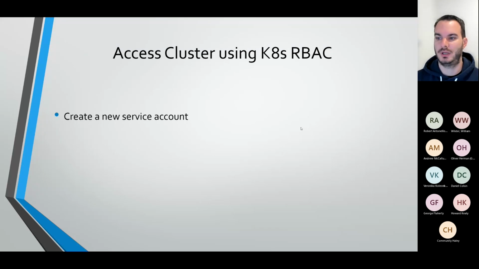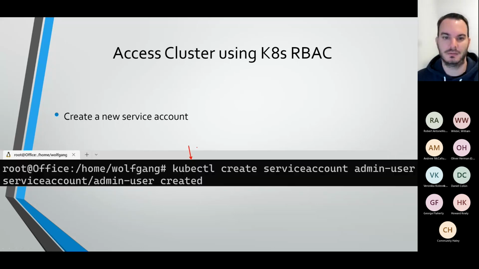And the way you create this user in Kubernetes is with the Kubernetes CLI, which always starts with kubectl, then what you want to do, in this case, I create, then on what object you want to do the work. So that's a service account, that's a user in Kubernetes, and then you give it a name. In this case, I just want to have a user that can do everything, so I named it admin user.